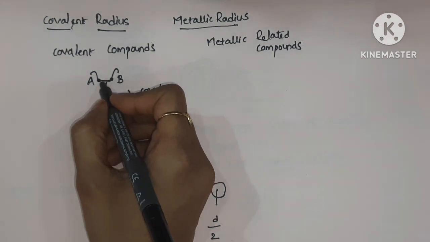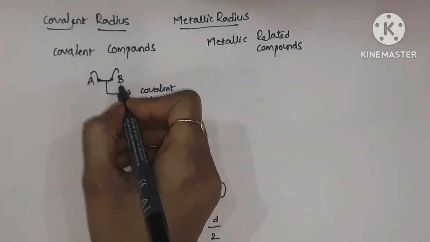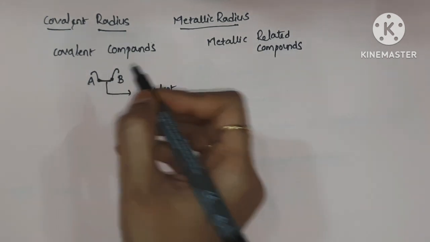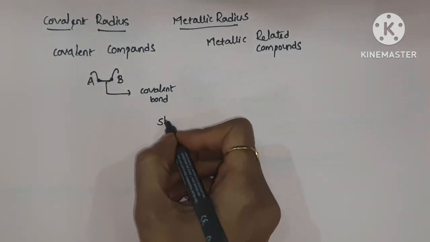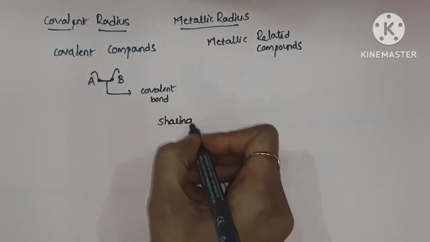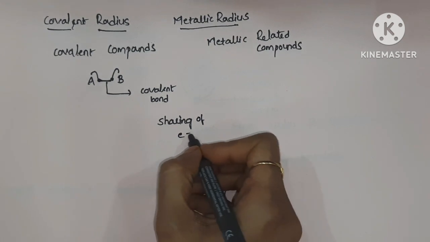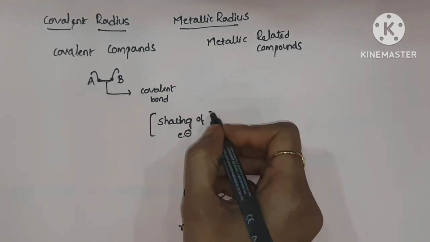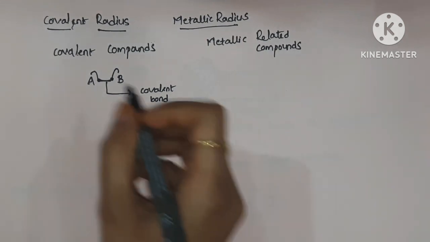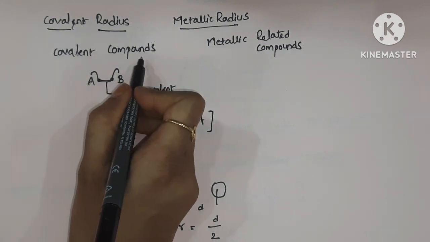So a covalent compound means the two atoms bond together by sharing of electrons. You have to remember this point very clearly. Sharing of electrons always forms the covalent bond.